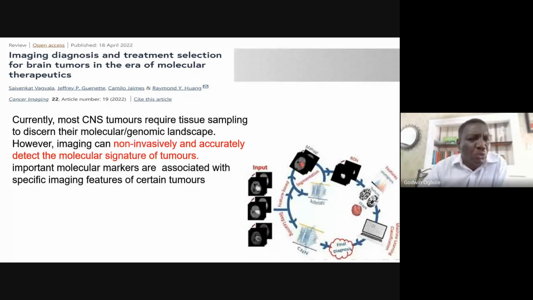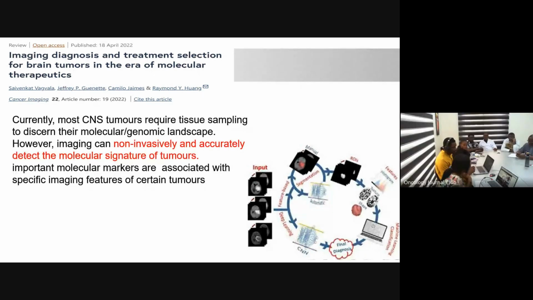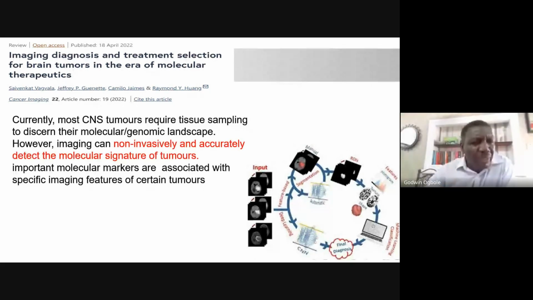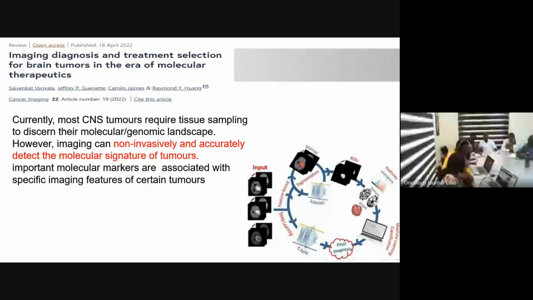So with molecular therapeutics, we can accurately demonstrate the molecular tumors, and we can also use computational methods. Next slide.